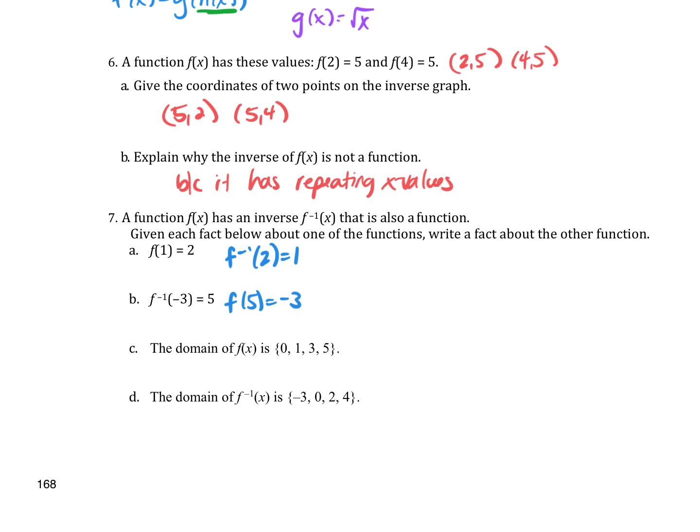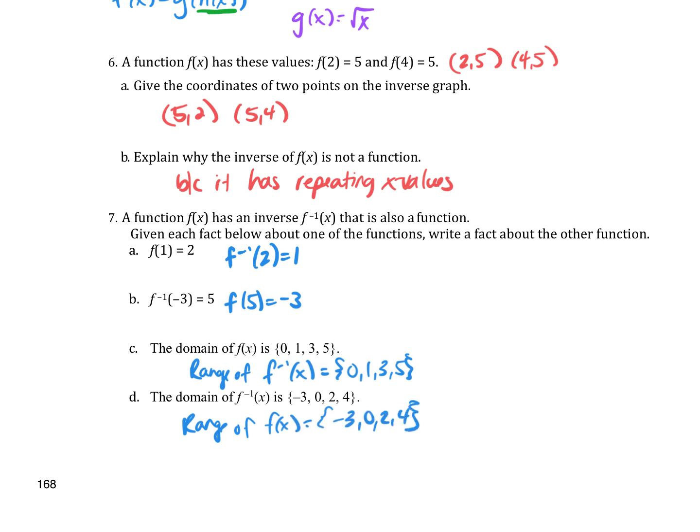Domain is this, which means the range of f inverse of x is 0, 1, 3, 5. And then the domain of that, so that means the range of f of x is negative 3, 0, 2, and 4. So again, this just continues with the idea of just all you do is flip-flop x and y. And this is very straightforward and simple, but you've got to think a little bit outside the box.